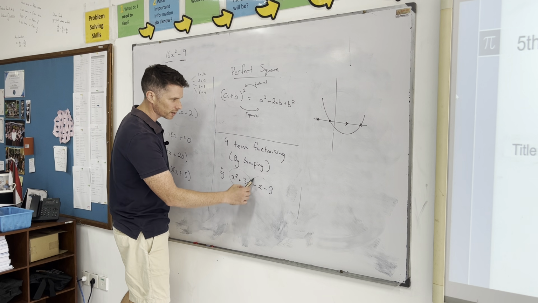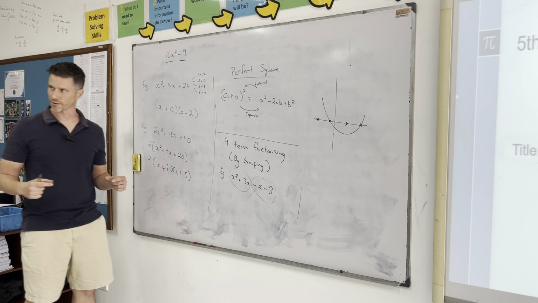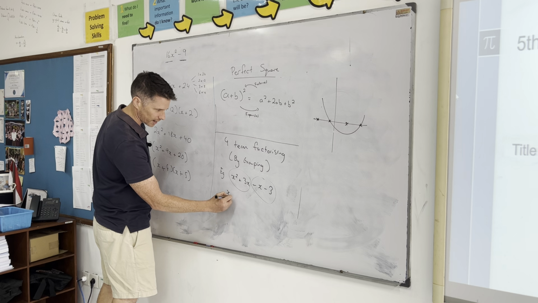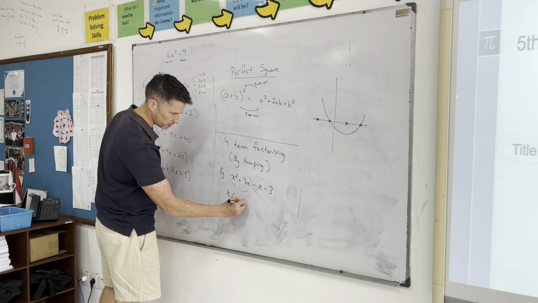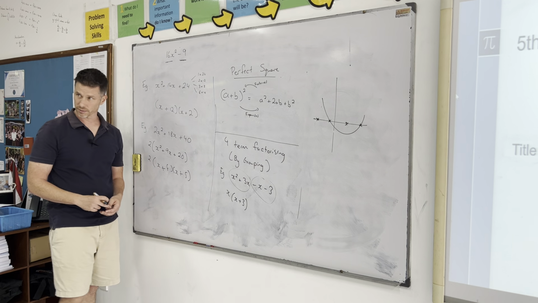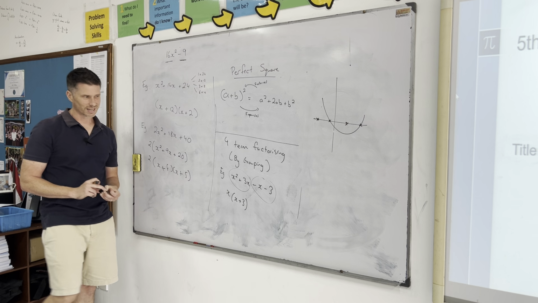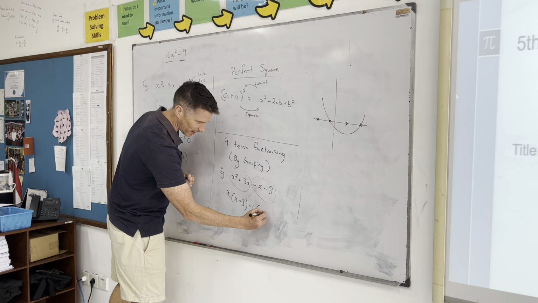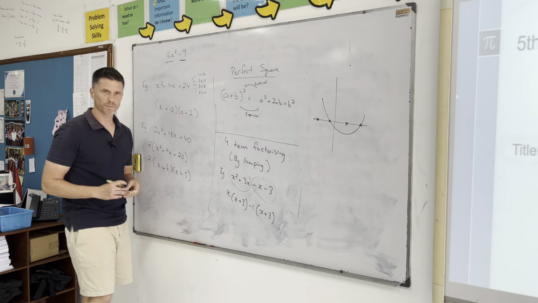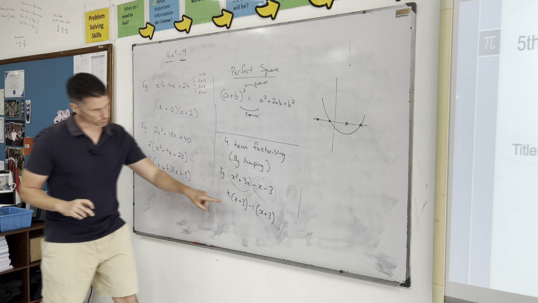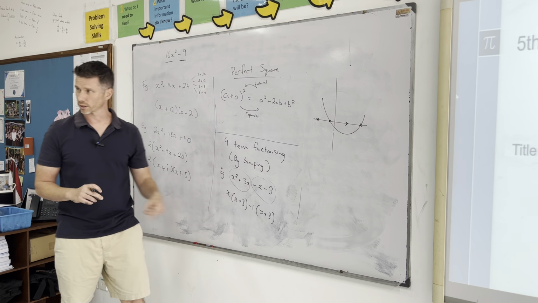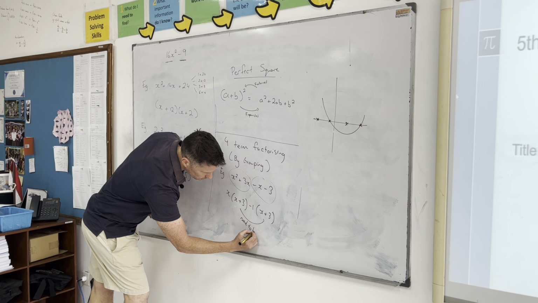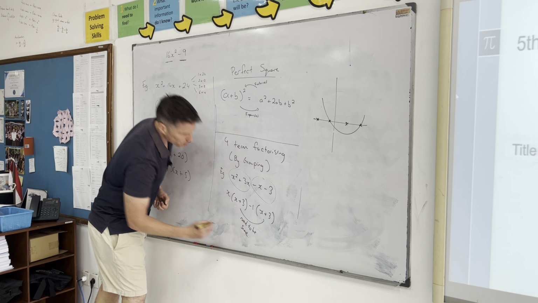So factorize these 2 separately and then put them together afterwards. So common factor here is x, and we're left with x plus 3. What's the common factor here? You take out negative 1. Why? Because you want to have x plus 3 as your second bracket. These 2 brackets have to be the same for it to work. So they need to be the same.